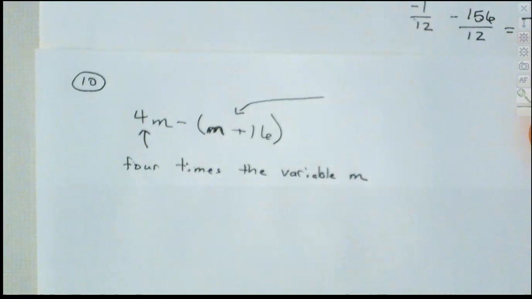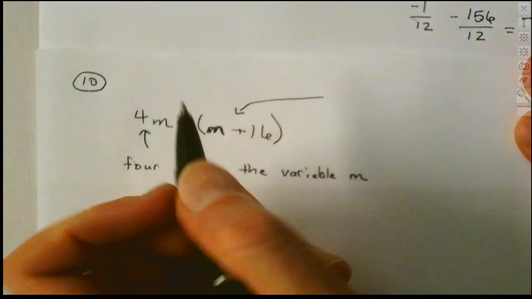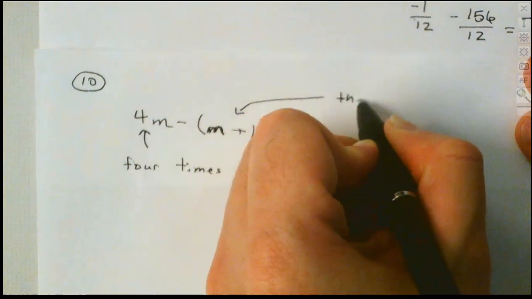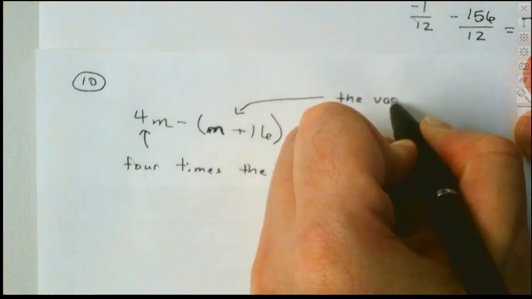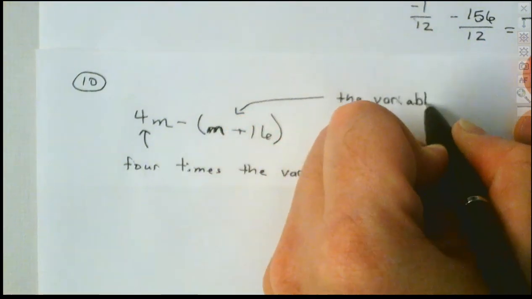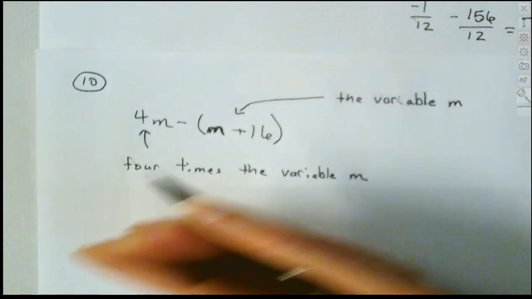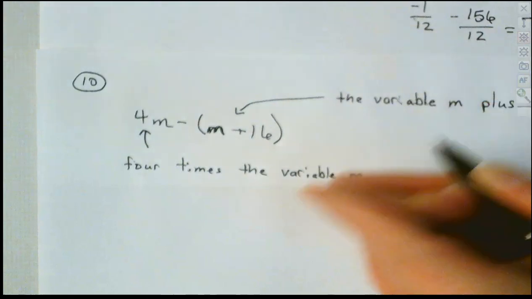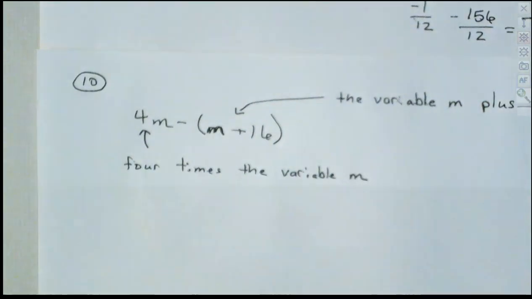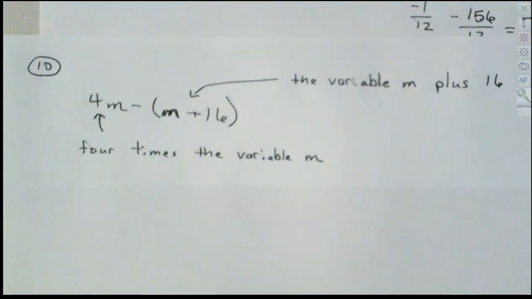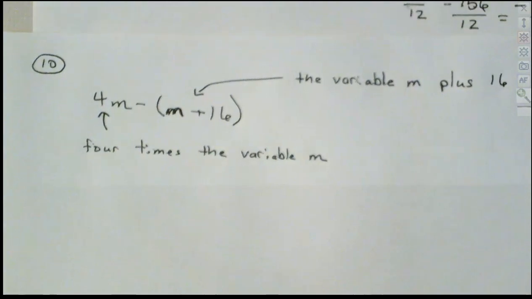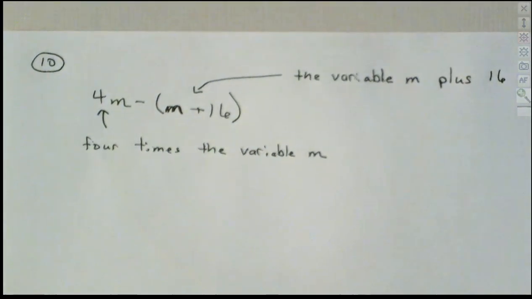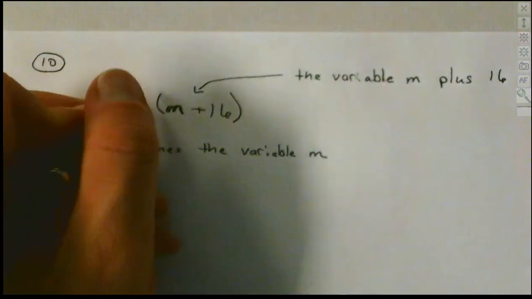Now let's talk about inside the parentheses. Inside the parentheses, you've got the variable m plus 16. So there's that piece, the variable m plus 16. Now we need to put them together. So how do we put them together? Well, we got subtraction.